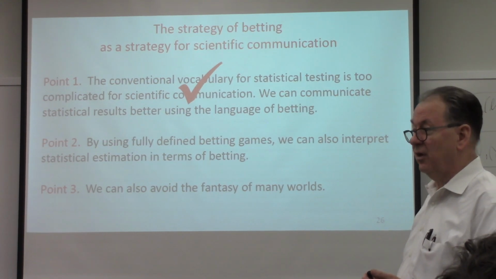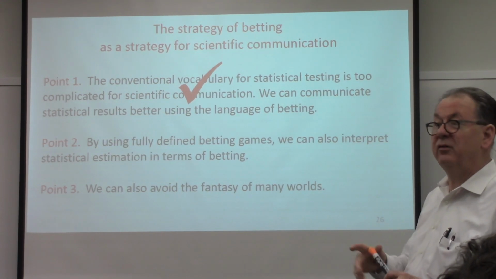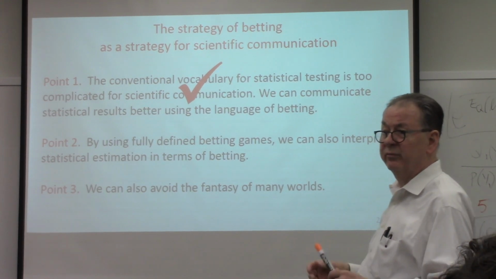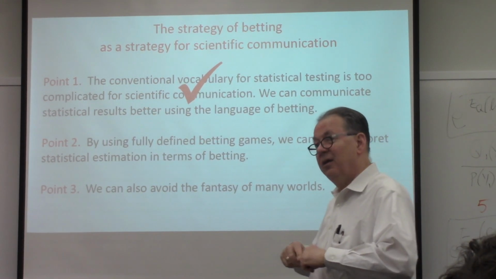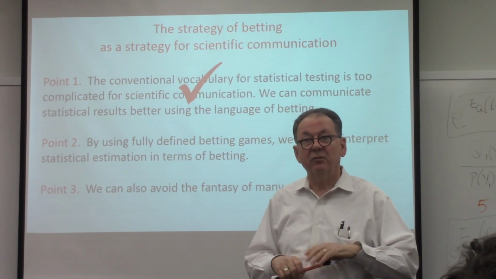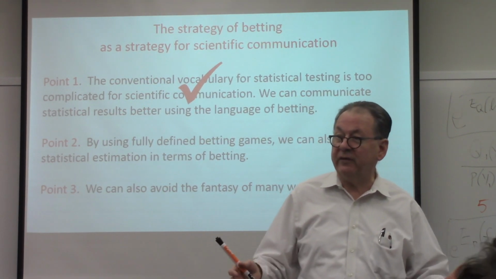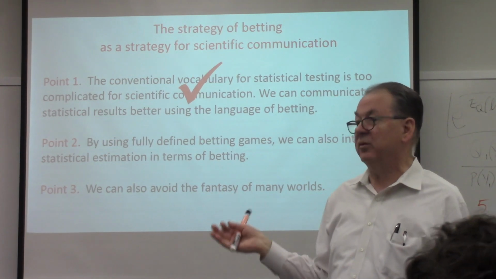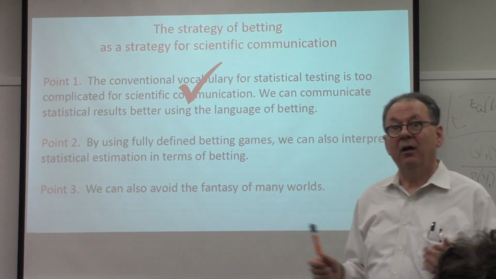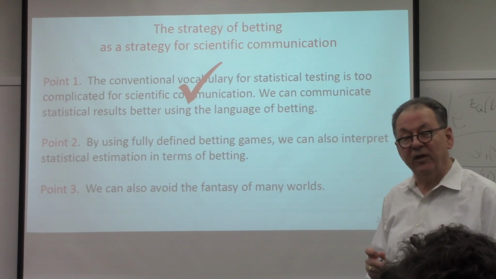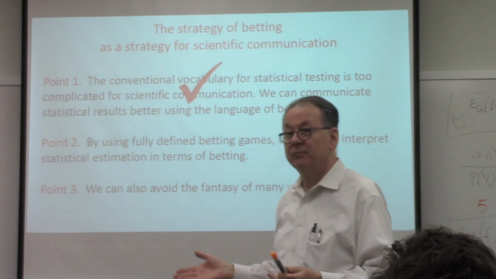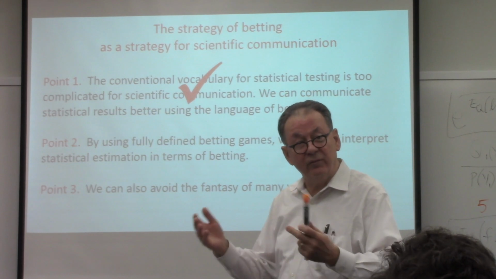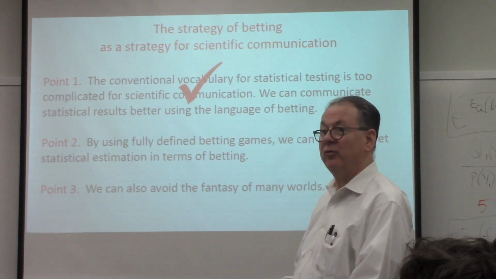Most of you have heard me carry on about Cournot's principle. Statisticians, whether they say it or not, you could infer that their philosophy of probability is Cournot's principle. If the meaning of probability is how you test it, okay, that's an if, but in practice that's the practical meaning.